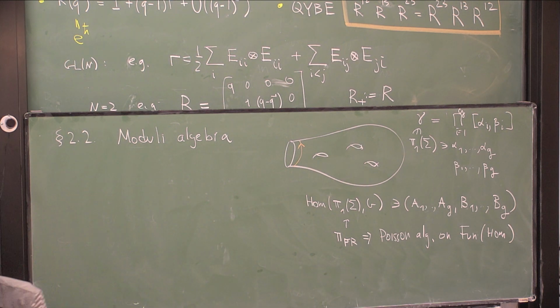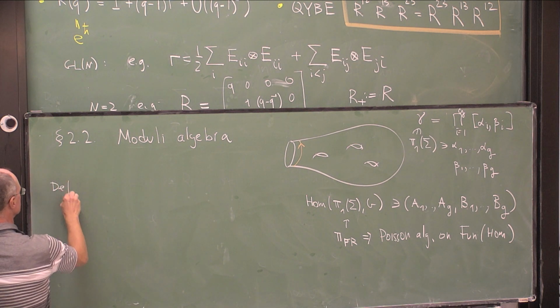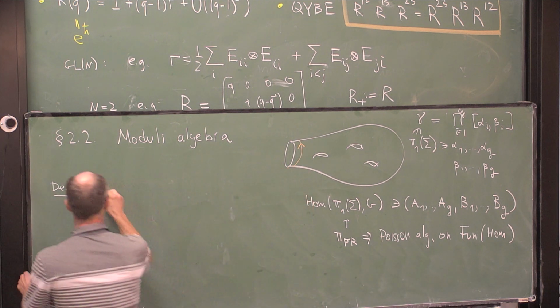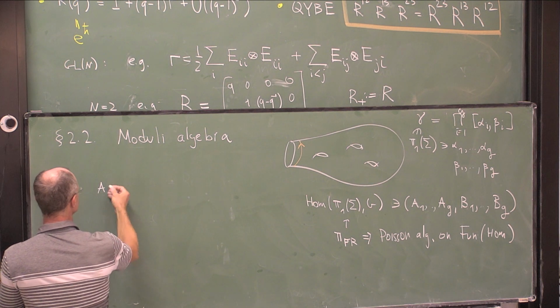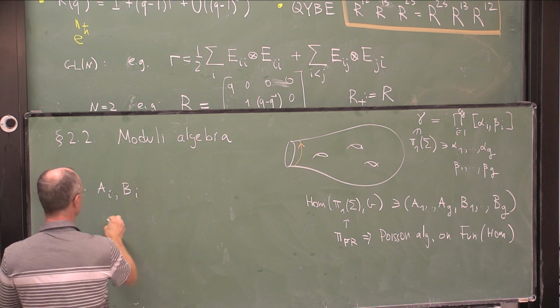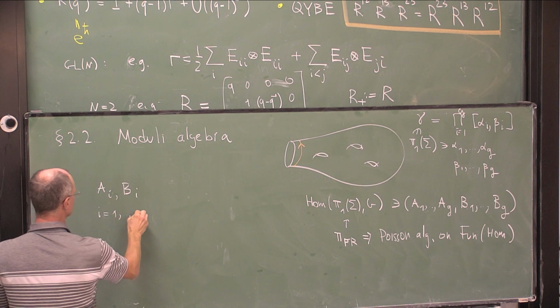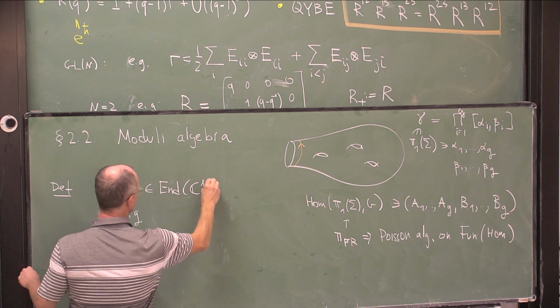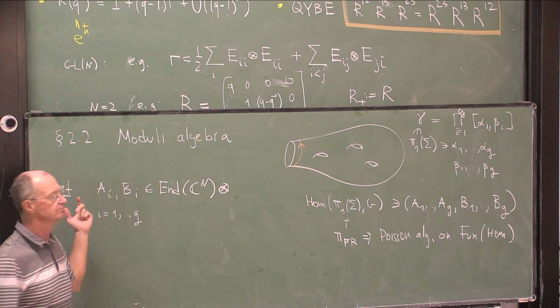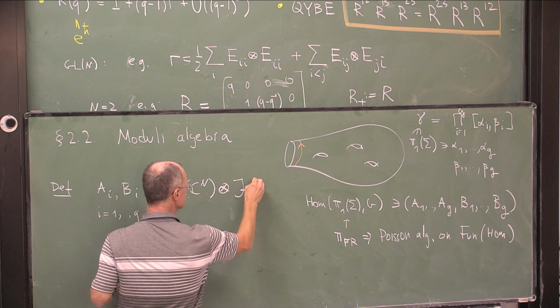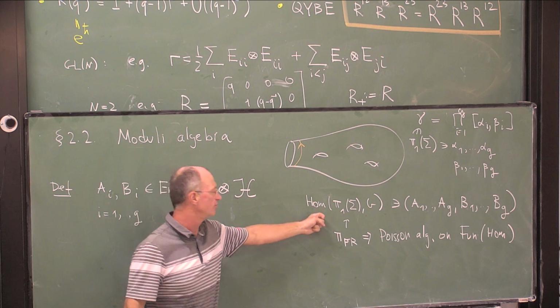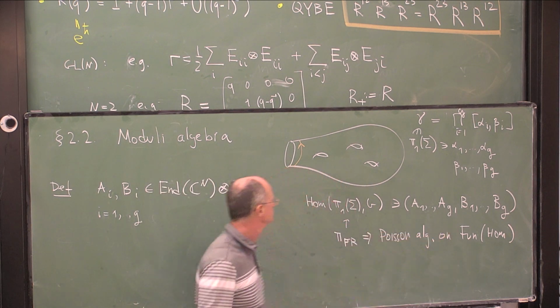So here is a concrete recipe how we can do it. We define matrices A_i, B_i, but now in the endomorphisms of C^n tensor an algebra, let's call it capital H. H will be the quantization of the algebra of functions on Hom.